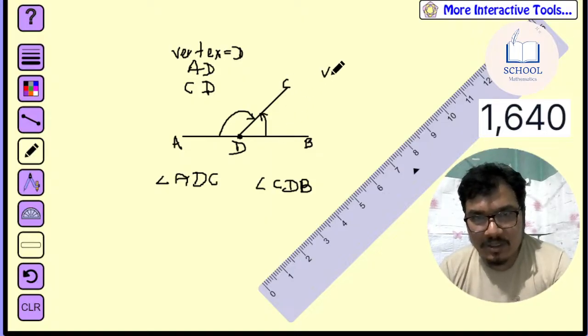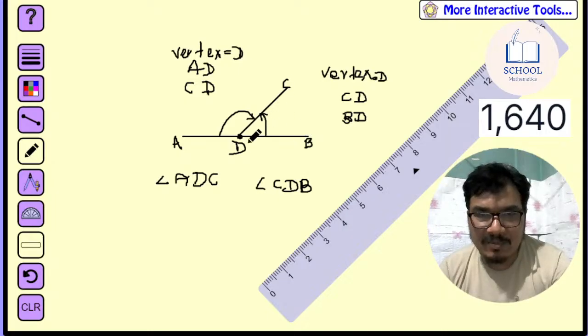Its vertex is D, right? Vertex is D here. Okay, vertex is D, and one arm is CD, and another arm is BD. This name is BD and this arm is CD.